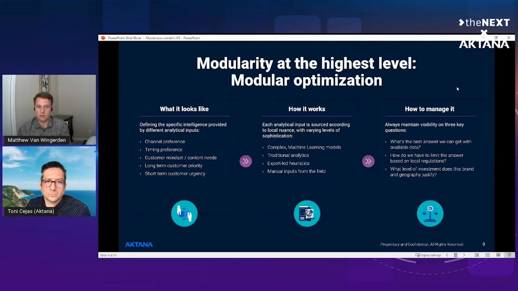And this is common. I'll use the example in the China market, where the sales data is very slow. It's very aggregated at the large hospital level. And so quite often there's just human intel that's needed. And that's fine. We can do that. It doesn't have to break the system.